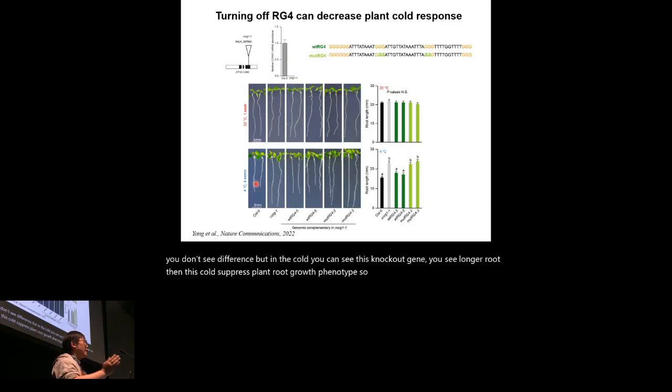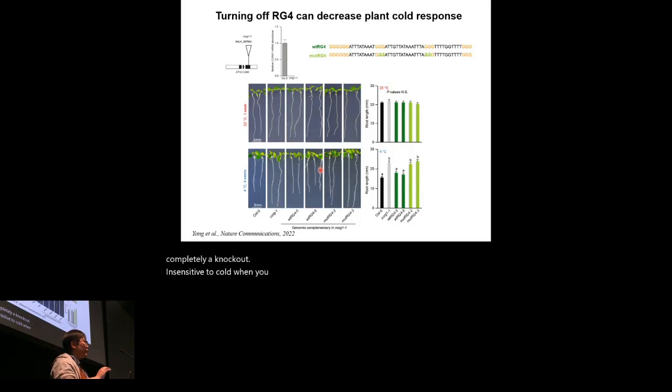Normally, if you put a plant in the cold, it will have shorter roots, because cold suppresses root growth. But because you don't have this gene at all, it's completely knocked out, it's insensitive to cold. When you complement the mutant with the whole gene with its 3' UTR carrying the cold-induced G-quadruplex, you can restore this cold suppression of root development.